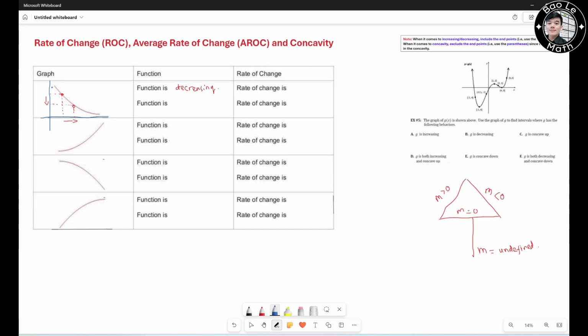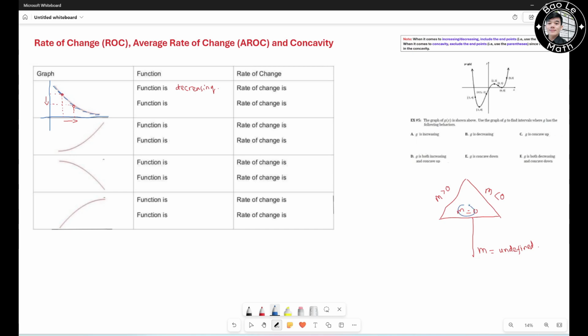Okay, so we sketch a tangent line each time. The tangent line is going to be like right here. It's steeper, and then it's getting less steep right here. You see that? It's getting less steep. And finally, it's getting to 0 right here, which is the horizontal line.